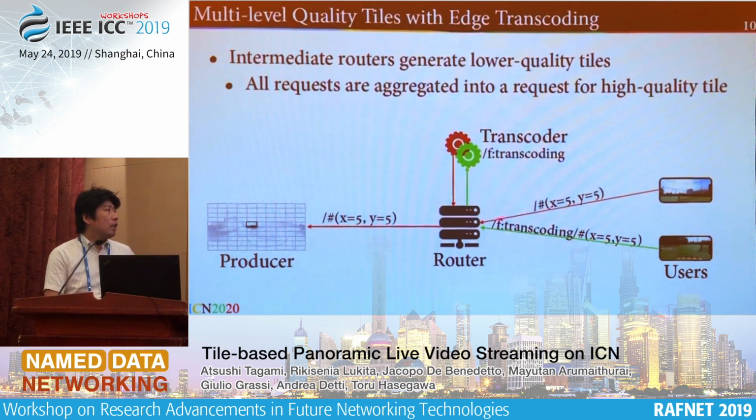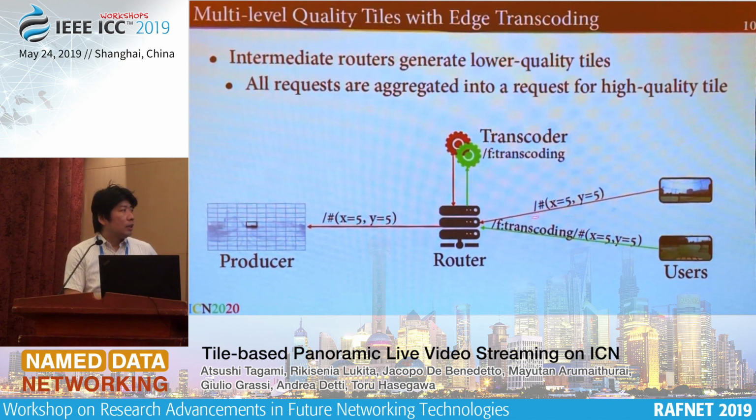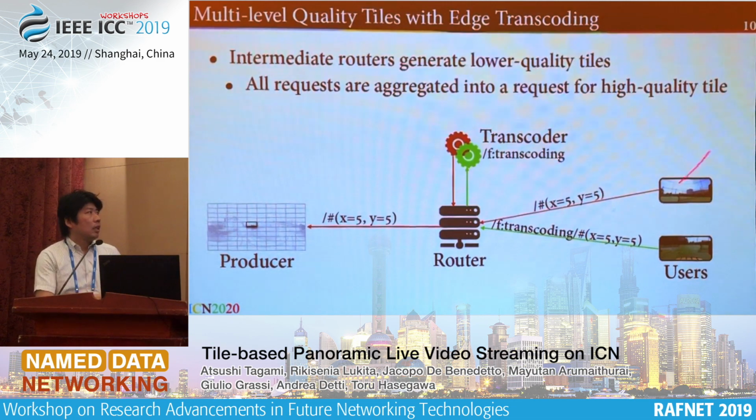Using this naming scheme, when a user requests a lower quality tile, the user adds the prefix function transcoding. The transcoder advertises this prefix route, this request is forwarded to the transcoder, and the transcoder requests a high quality tile, and so we can achieve this system.